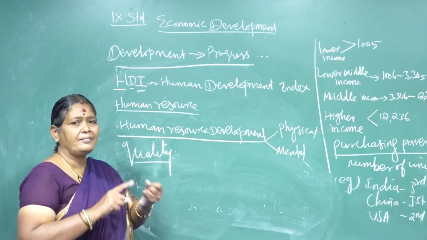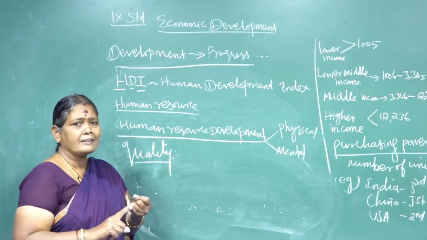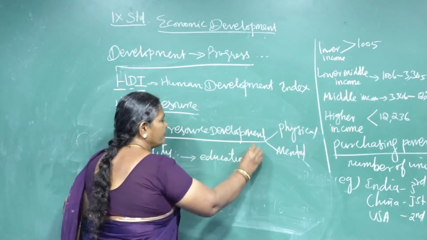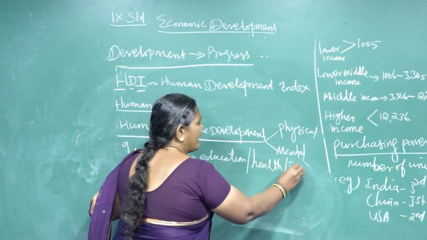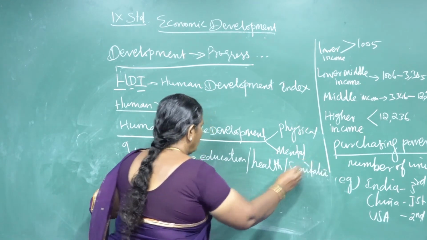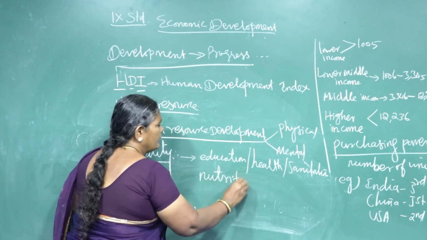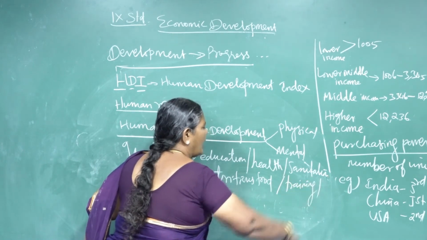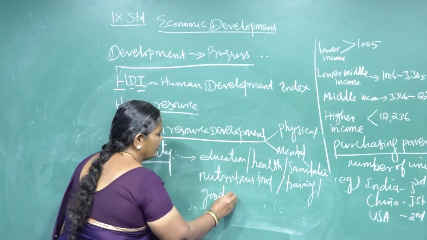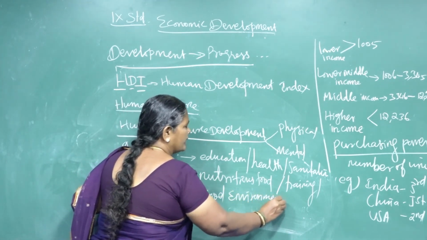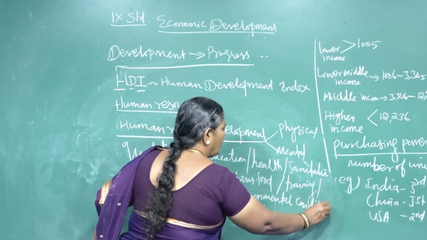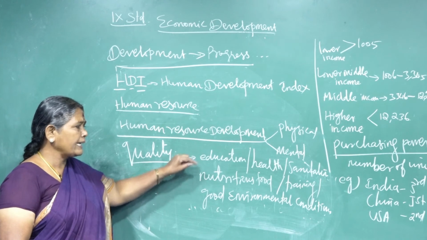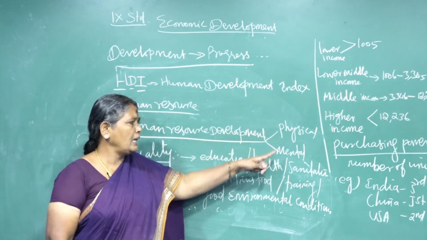That is the living standard, achieved through education, health, sanitation, nutritious food, training, and good environmental conditions. These are what make human resource quality life, which makes them both physical and mental.